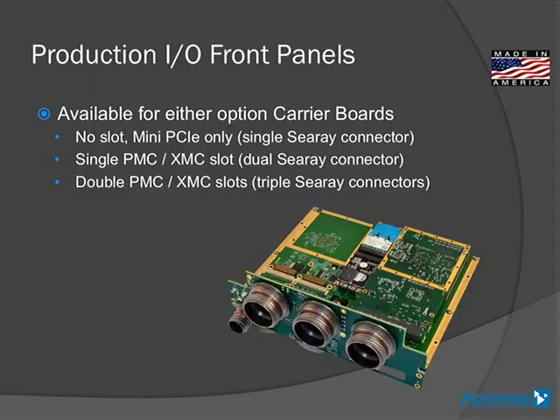I believe there's going to be 2 versions of the 38 399 front panels. One will be for the single no slot or single slot, and then there'll be one for the double.